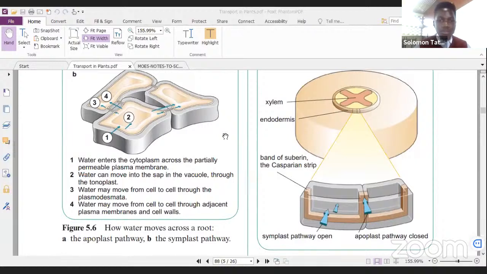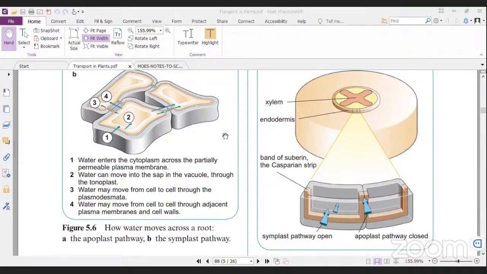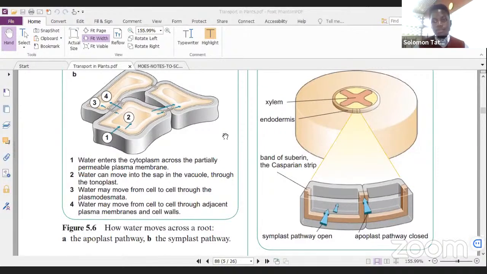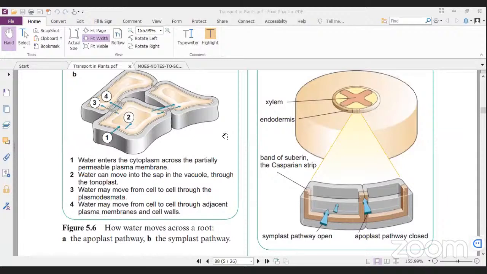Yes, Sam, you're very correct: from one cytoplasm to another. Yes, Maggie, your hand is up. Sir, question. That means that it actually only occurs in one cell, it doesn't occur between two cells?